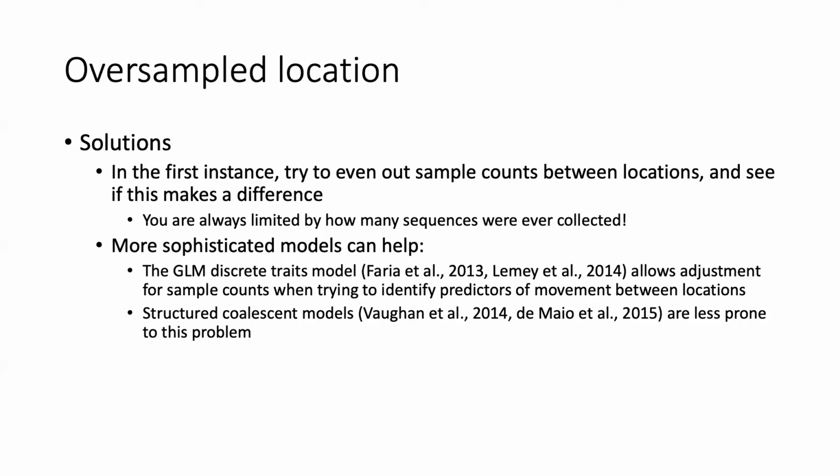And also the structured coalescent models, which are a variant of model of movement between discrete populations, are generally less prone to this problem than parsimony or the continuous time Markov chain discrete trait model, the Lemey model, for people who know about that.